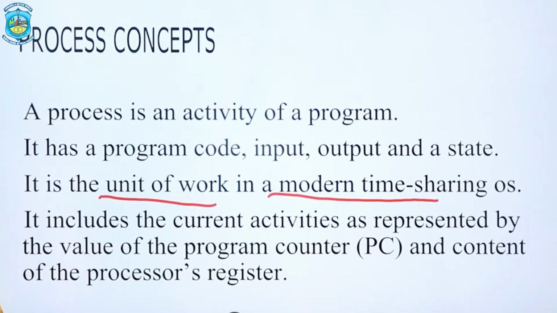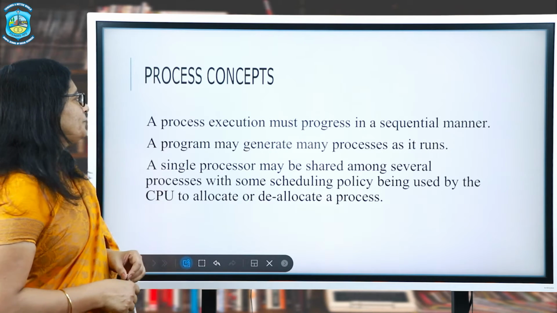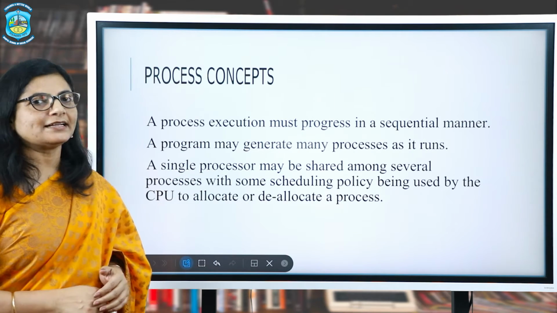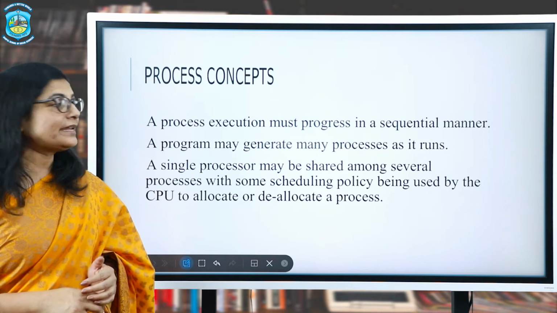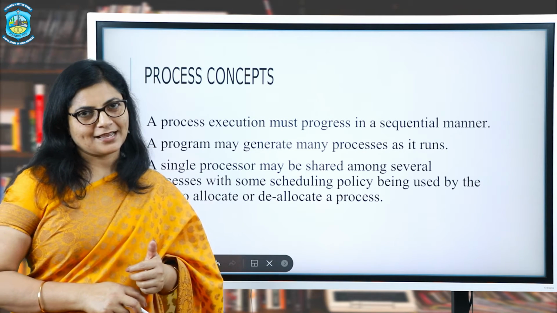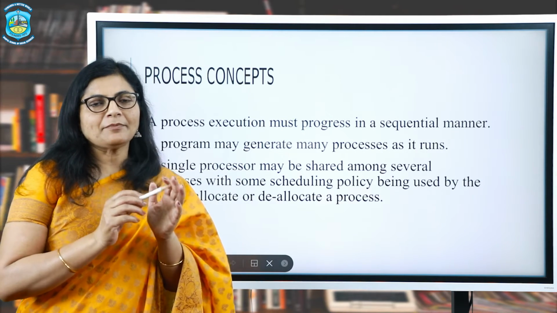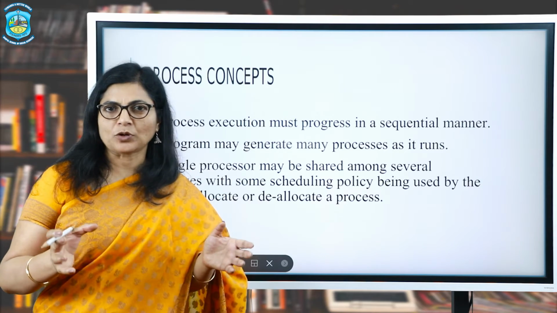It includes the current activities as represented by the value of program counter and content of the processor's registers. A process execution must progress in a sequential manner, and a program may generate many processes as it runs. A program can be divided into different processes.